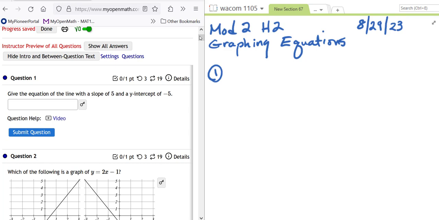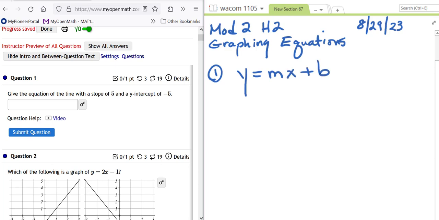From the equation of the line is where you can pick off this information, and that is if you have y isolated. y equals mx plus b is your form to be able to get your slope off and draw your graph. So with y isolated, the slope will be the coefficient of the x, and the constant by itself will be the y-intercept. They are telling us the slope is 5, so m equals 5, and the y-intercept is -5.